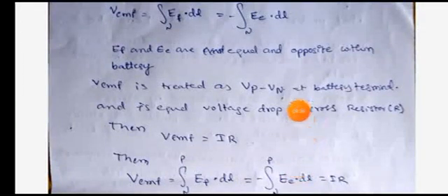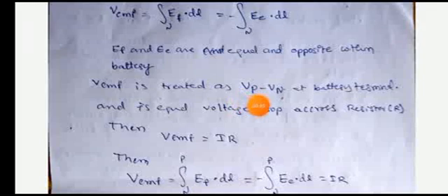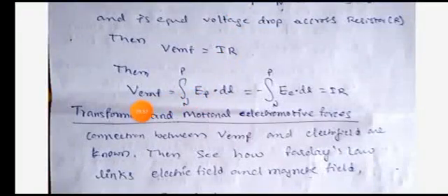This EMF is stated as Vp minus Vn, the potential difference between terminals P and N of the battery, which is equal to the voltage drop across the resistor, V equal to IR. So finally, the EMF is the integral from N to P of EF dot dl, equal to minus the integral of EE dot dl. This is the source of the voltage, and it is equal to the voltage drop, that is IR. So this is the final EMF equation.